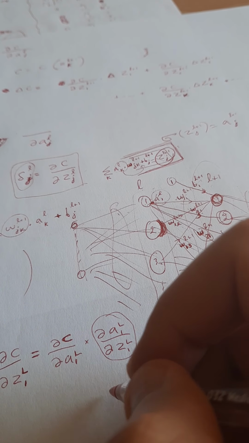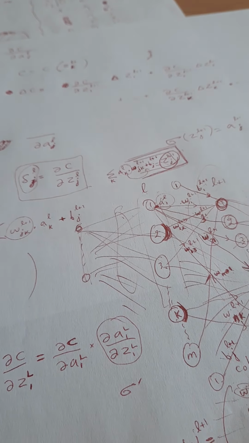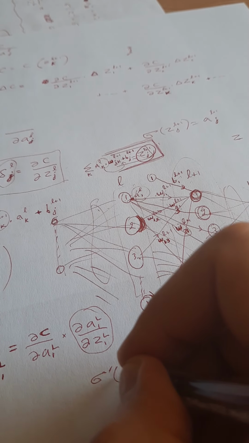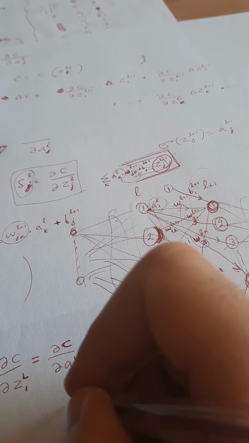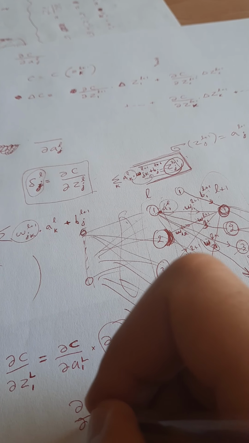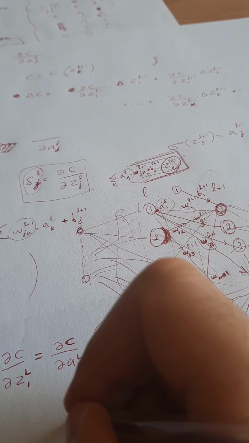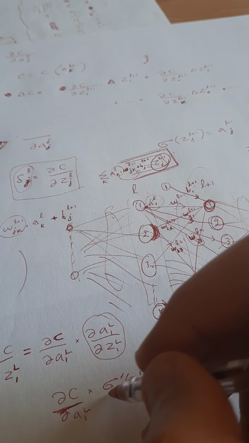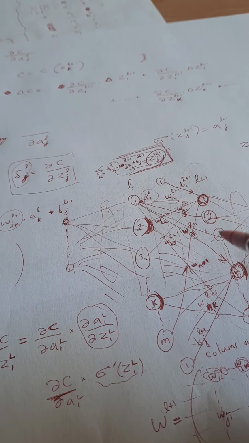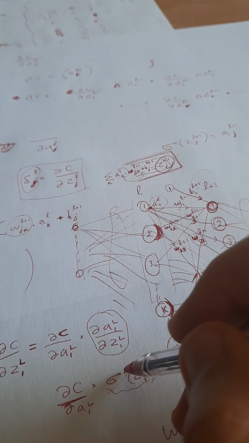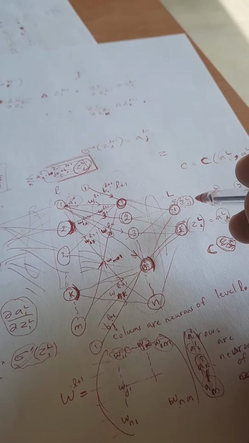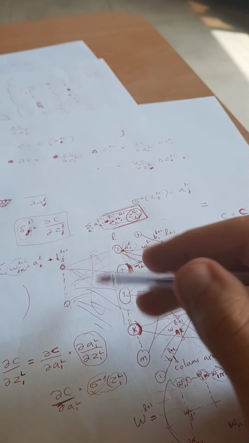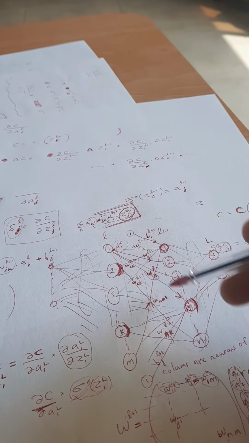Now, we know this function. This is the derivative of sigma with the input z1L times the partial derivative of c over a1L. This thing is easily computed. We know sigma, we know its derivative, we know z1L. z1L can be computed from the whole neural network.